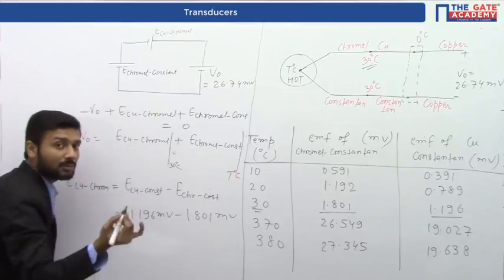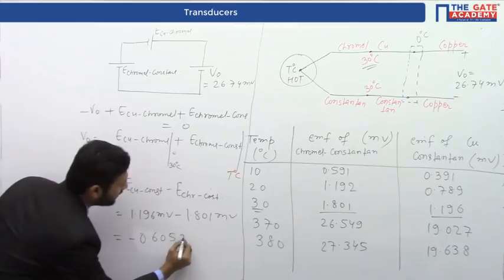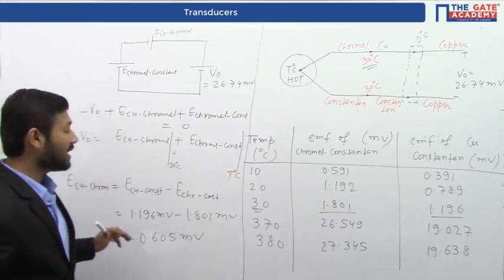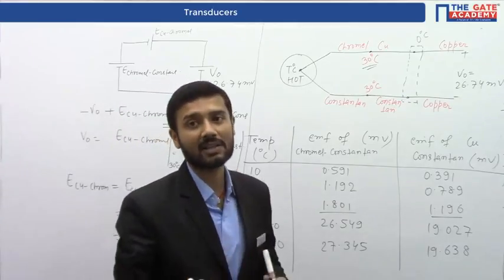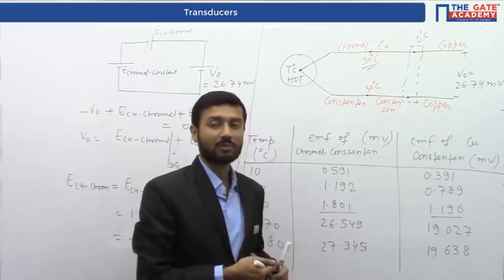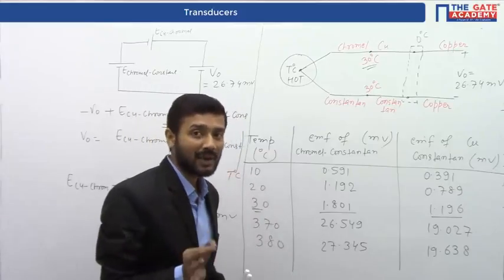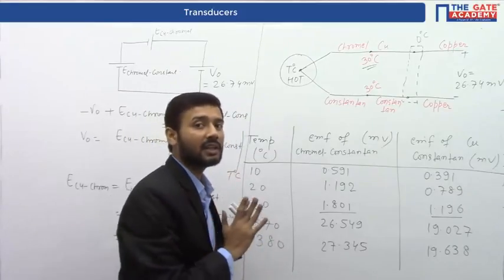And this is nothing but minus 0.605 millivolt. This E copper chromel we have got is minus 0.605 millivolt from this given table. Now we have to find the temperature of the hot liquid.